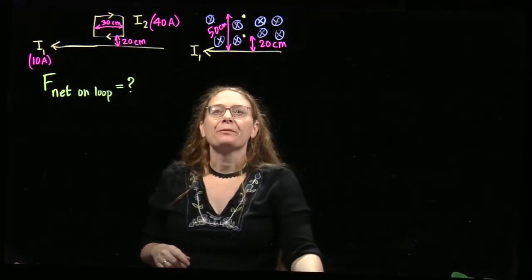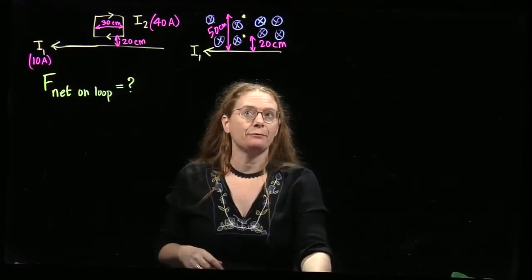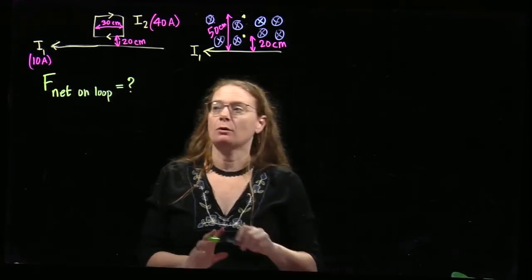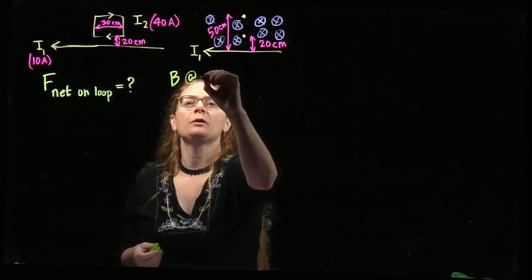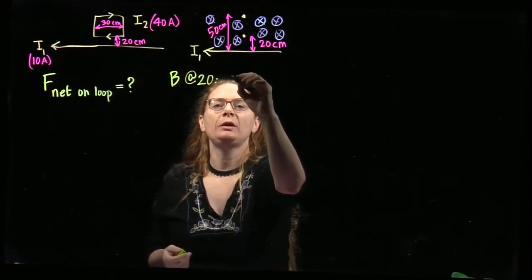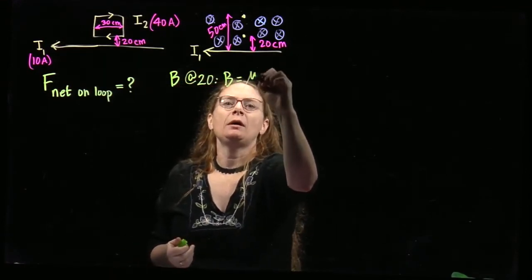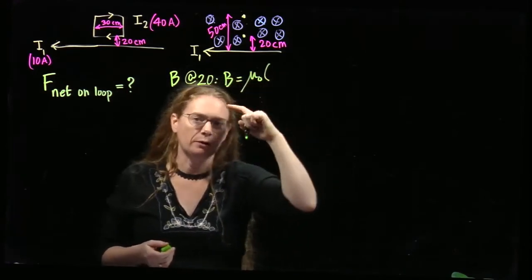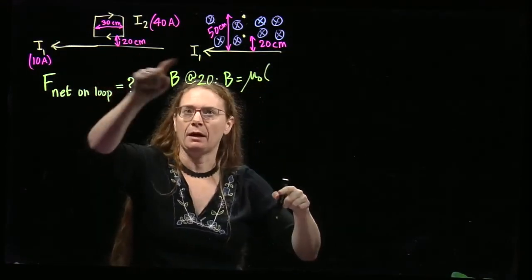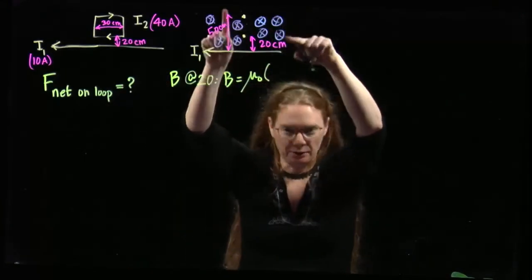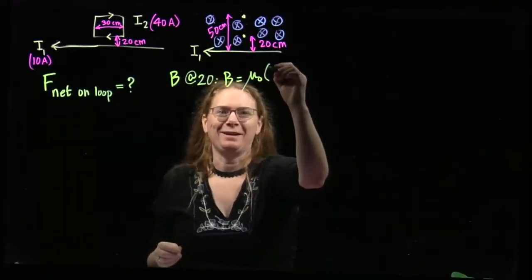All right. What is the size of that magnetic field? So the magnetic field at 20 centimeters away will be mu naught times the current, and now this is the current that's causing the magnetic field. That's I1. I don't have my loop in here. I2 is not part of this problem. Not yet.